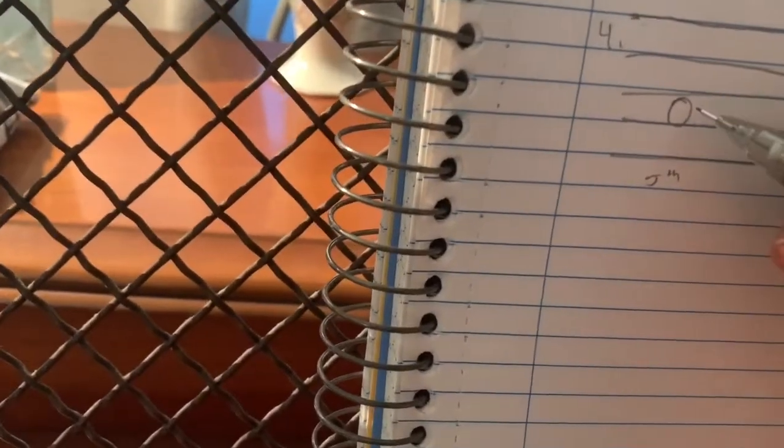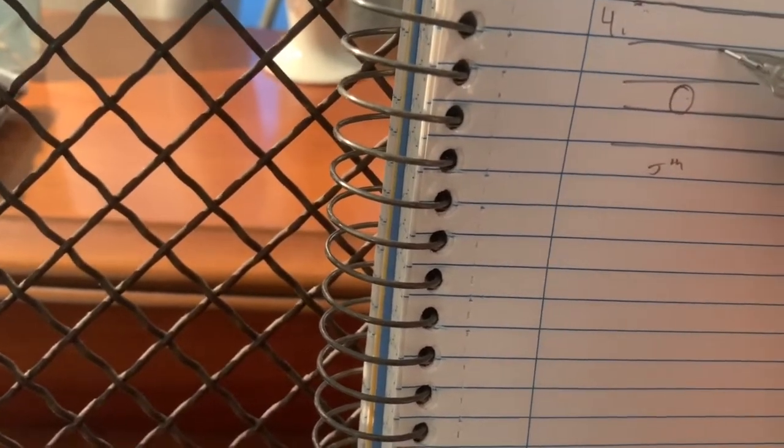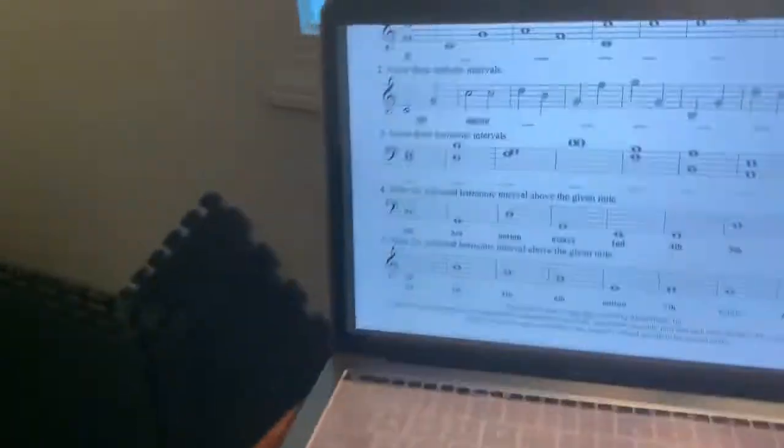And my bottom note, they're asking for a fifth. So I'm going to put that down. My first note's in the second space. So now it's asking for a fifth above that. So I go 1 space, 2 line, 3 space, 4 line, 5 space. When I get to 5, I put my note right there, and that one's my fifth.